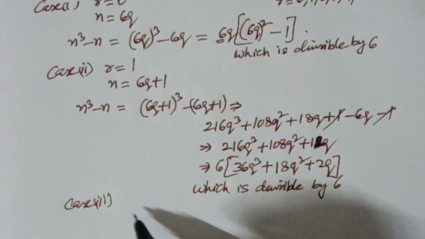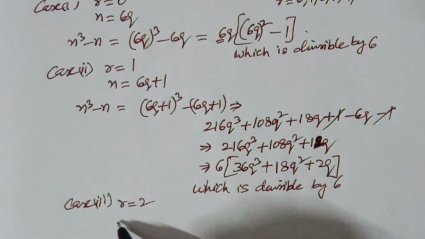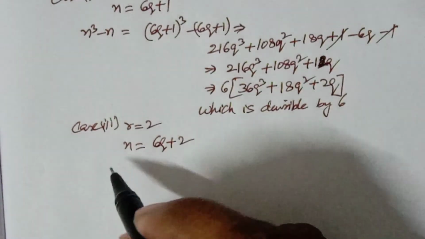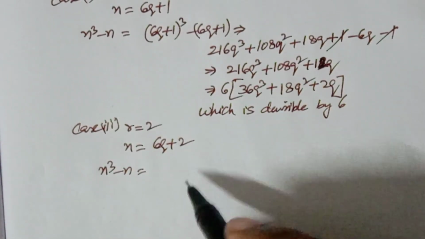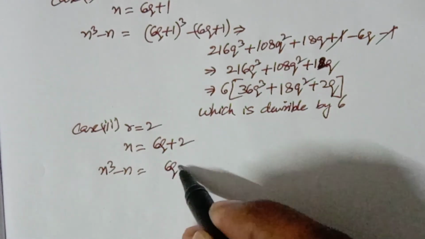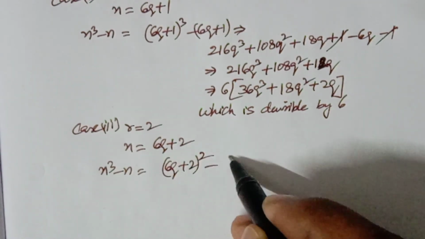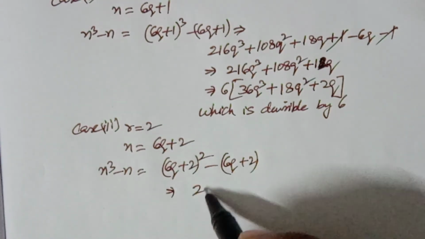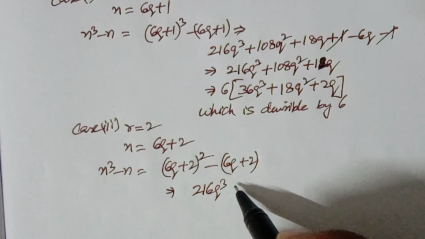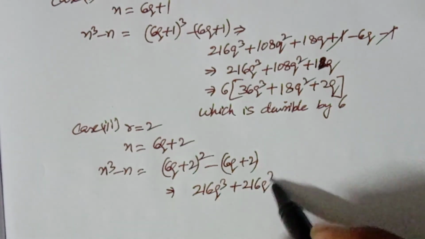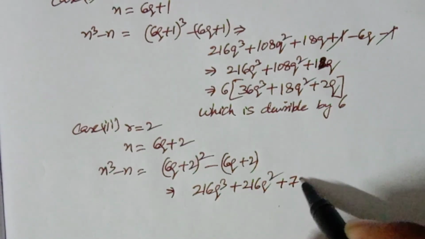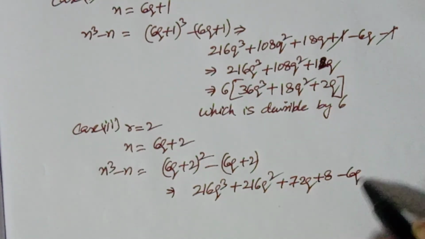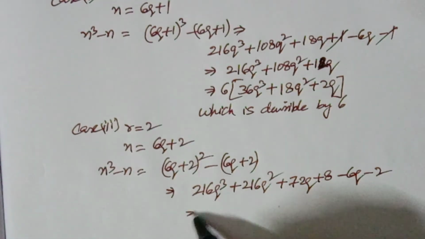Now case 3, r is equal to 2, n is equal to 6q plus 2. n cube minus n is equal to 6q plus 2 whole cube minus 6q plus 2. If you expand this, 216q cube plus 216q square plus 72q plus 8 minus 6q minus 2.